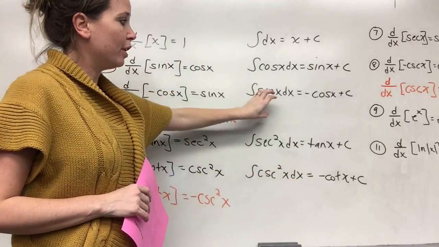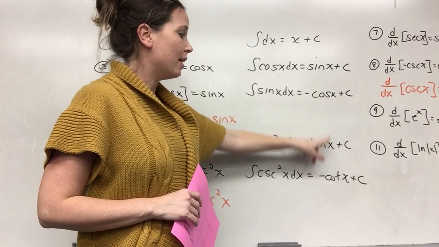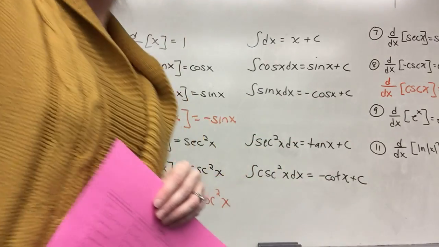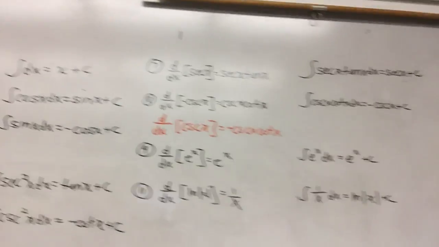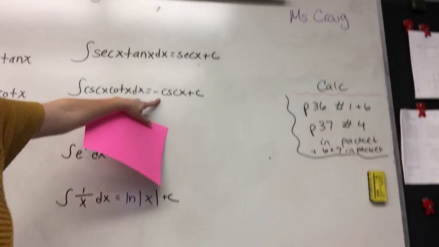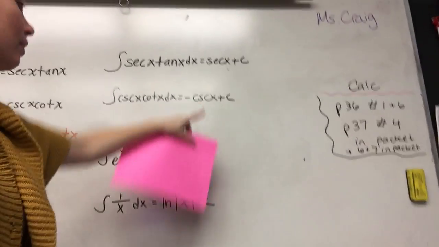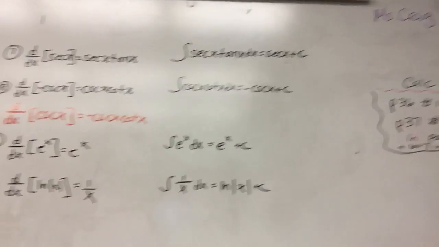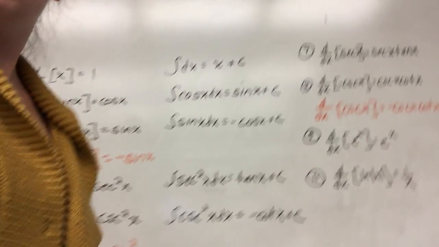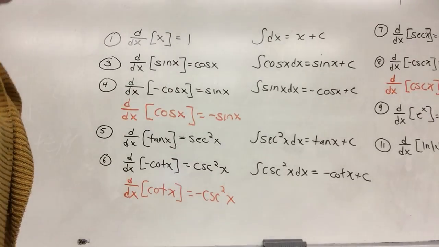So it's not what you're taking the integral of, but if the answer starts with a C, then it will be a negative. And if again I walk you over to this, you can see, if we look at these integrals, see how this answer is negative, so that's why, or it starts with a C, so it's negative. Okay? So just start to notice how to read this table.